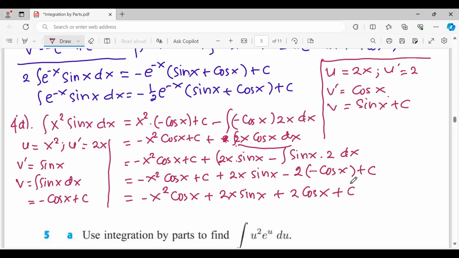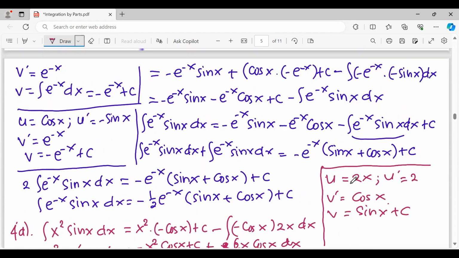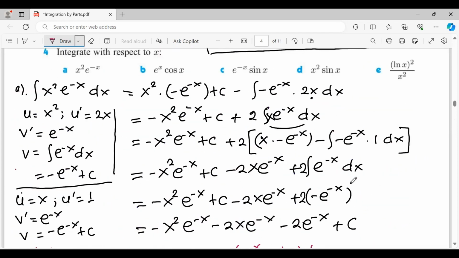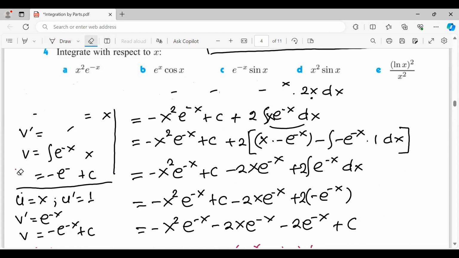Okay, next for E. I have to clean this area first.